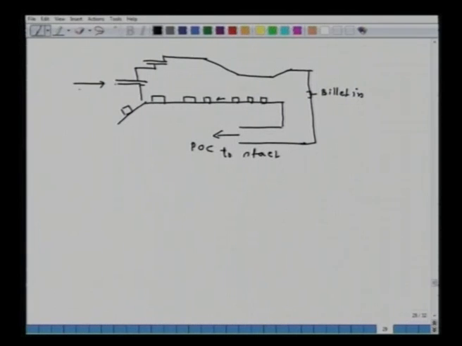Here fuel is supplied and here air is supplied, same thing here fuel and on top we supply air. The products of combustion move and ultimately go out. So, it is a counter current process in which the billet and products of combustion move opposite to each other.